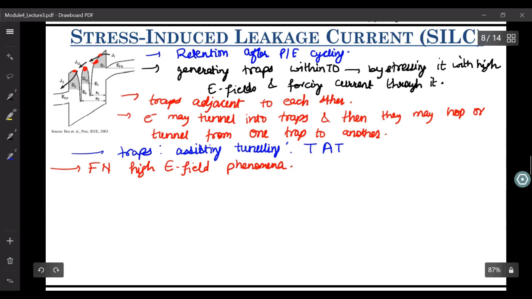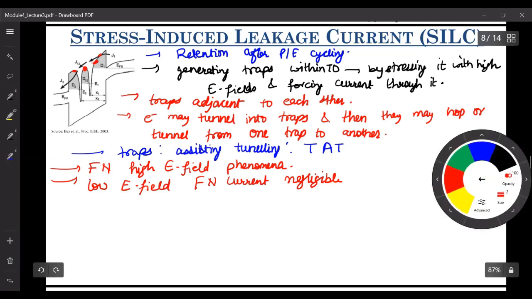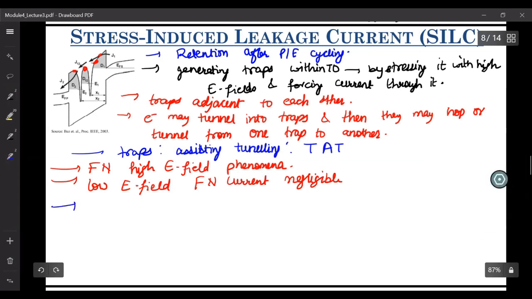FN takes place only when the field is really high. However, at low electric field, your FN current would be negligible. But what happens here is, just because of this trap assisted tunneling phenomena, we have a large current as compared to the FN tunneling current.